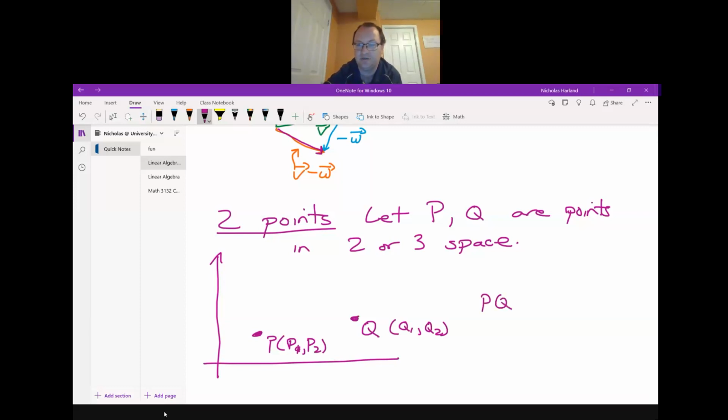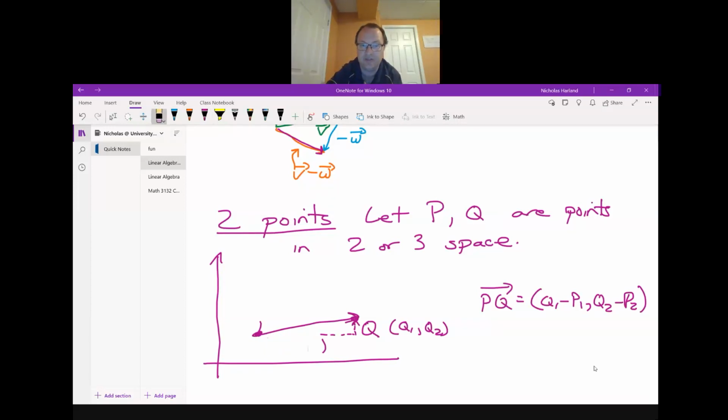We can write this as the vector PQ. In the x direction, that's Q1 minus P1. And how far we're going up would be Q2 minus P2. In other words, we can just subtract the components. So that's one way of thinking of it.